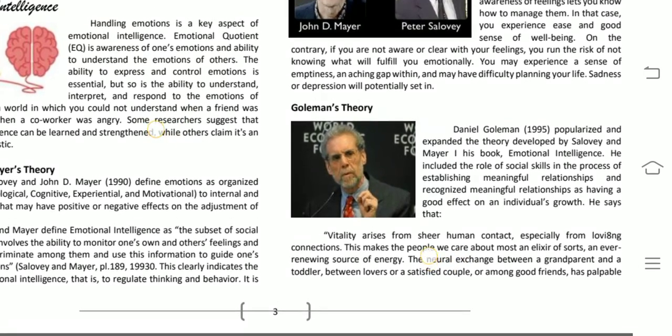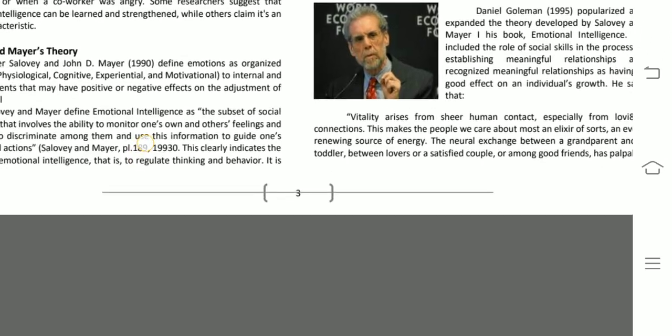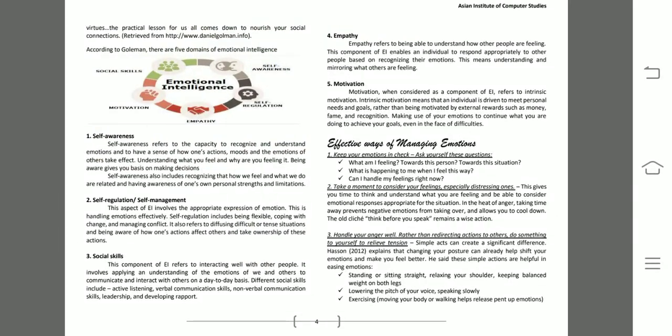So sabi niya, vitality arises from sheer human contact, most especially from loving connections. Okay? So this makes the people we care about most an elixir of sorts and ever-renewing source of energy. Okay? So, yun yung pag-aaral ni Goleman about the emotions.